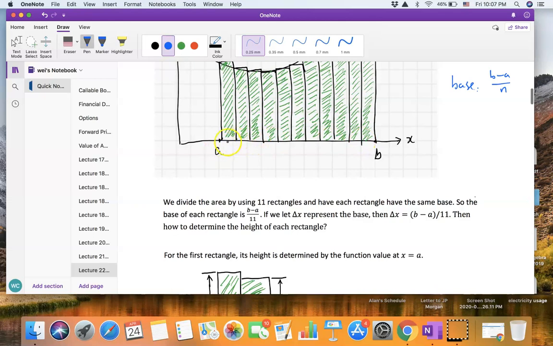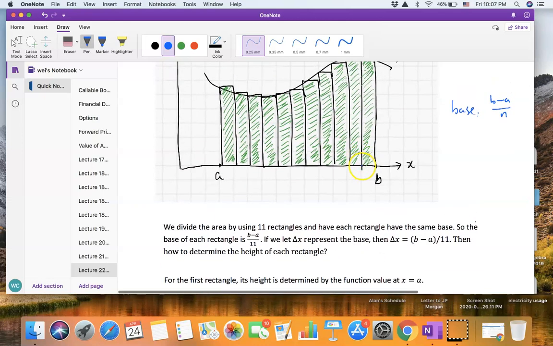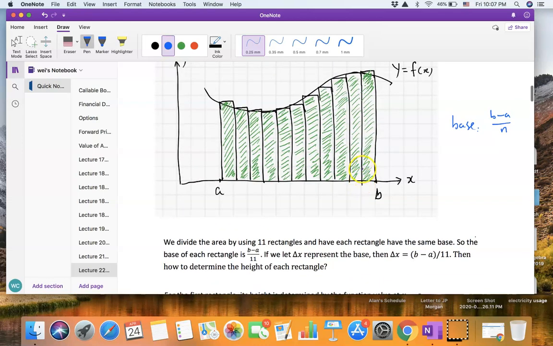So this point is a plus 1 delta x, 2 delta x, 3 delta x, 4, 5, 6, 7, 8, 9, 10 delta x. So this point is a plus 10 delta x. So I draw the rectangle here, and the height is given by the function value at this point. So that's why it is like this.